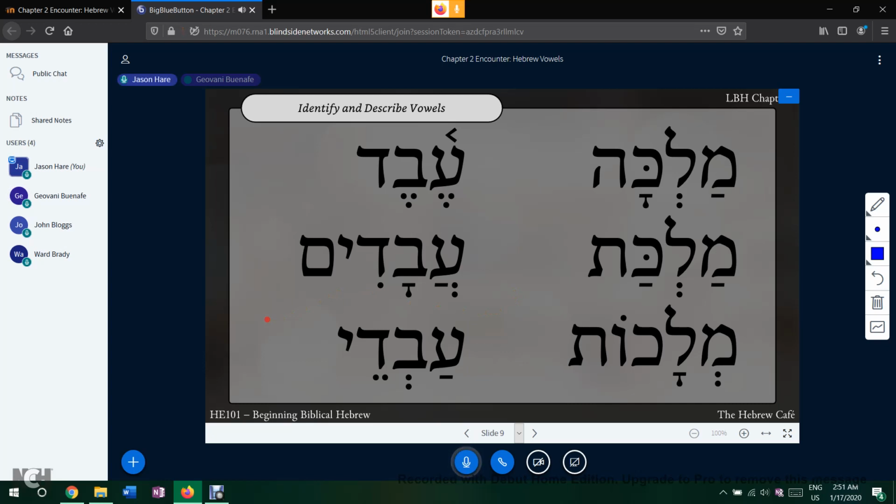Okay, now in these examples, these forms are related to each other. They're all the same word in each line, but they are in different forms. So, Giovanni, could you take this one, please? So we have mem, lamed, kaf, and a.